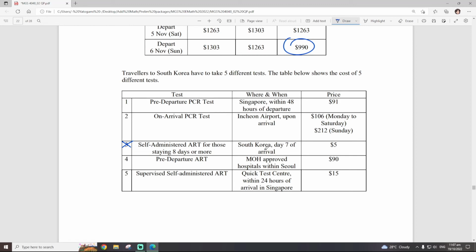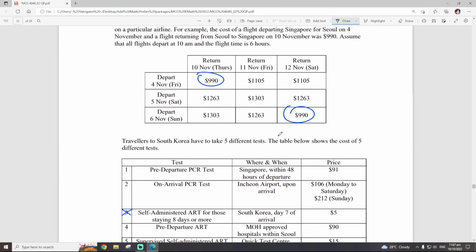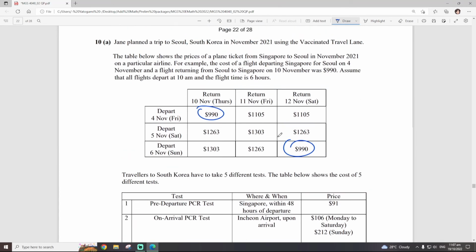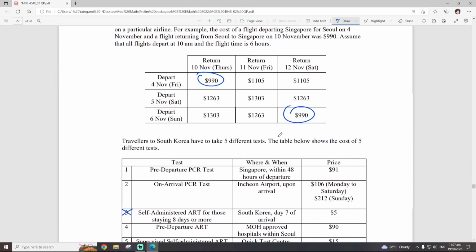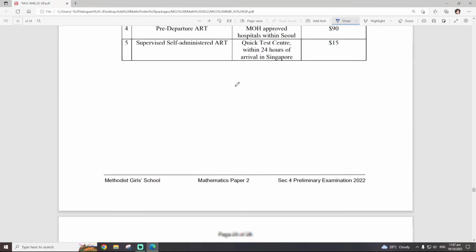Okay, so I should probably say, actually I don't think it matters. Wait, oh wait, hang on a minute. Oh, I just realized something. If you depart on 6 November and you arrive, you're going to need to do a more expensive PCR.